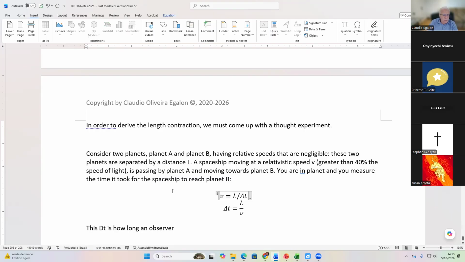Two planets and a spaceship moving at relativistic speed v.